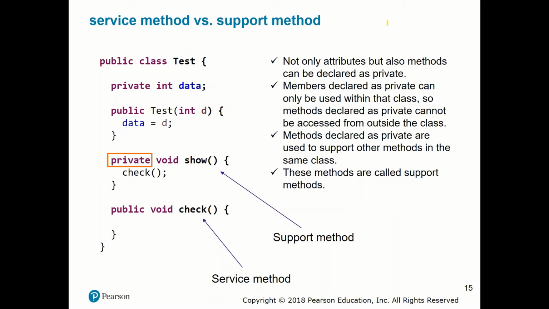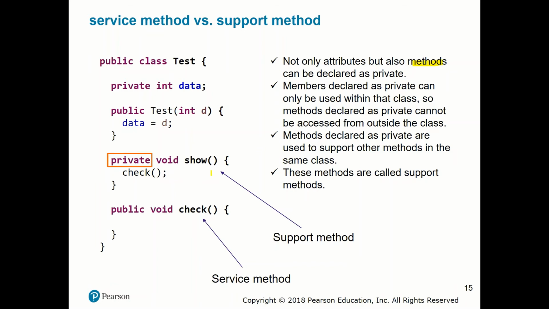I'll talk about service method and support method. Not only attributes, but also methods can be declared as private. Members declared as private can only be used within that class. So, methods declared as private cannot be accessed from outside the class. Methods declared as private are used to support other methods in the same class. These methods are called support methods.